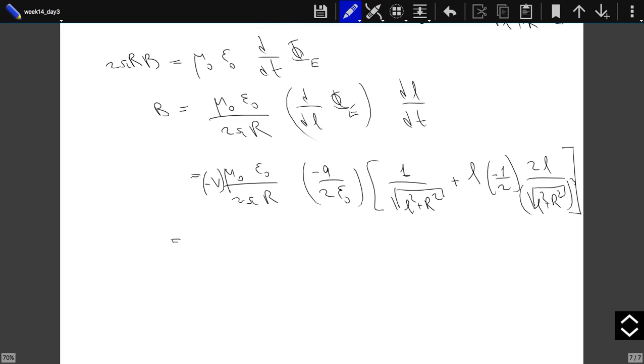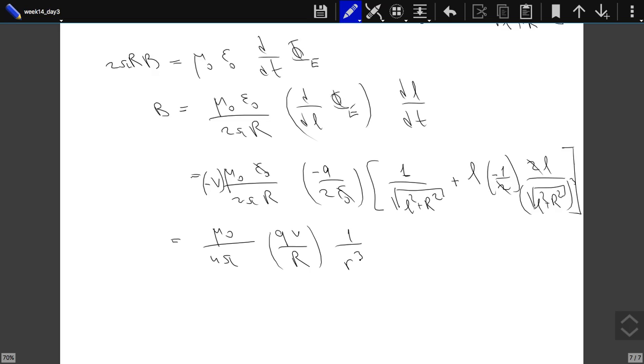This is equal to, well, epsilon zeros cancel, mu 0 over 4 pi q v over r, times, these two's cancel, I have 1 over small r cubed.